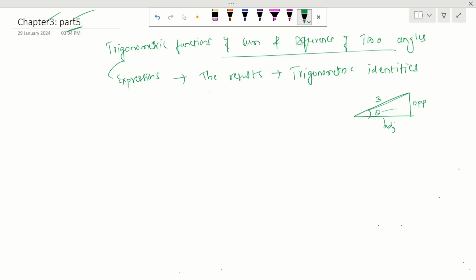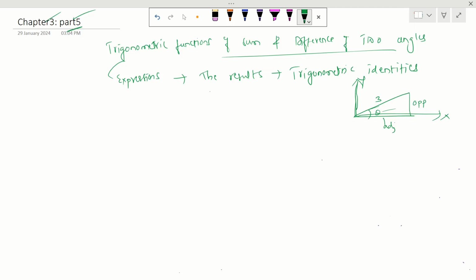When we are resolving this theta, it becomes two components: one is the x component and one is the y component.